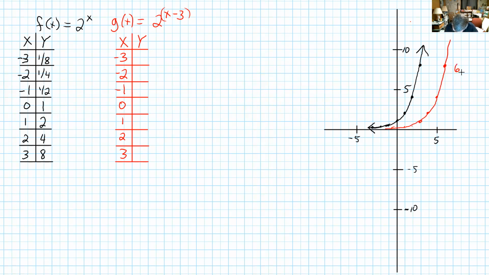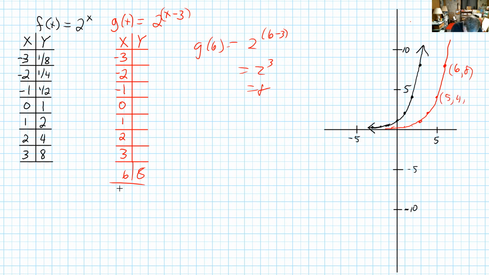This would be what, 6, 8. Let's find when x is 6. G of 6 equals 2 to the 6 minus 3, which is 2 to the 3, which is 8. Oh, look at that. How about x is 5, y should be 4.